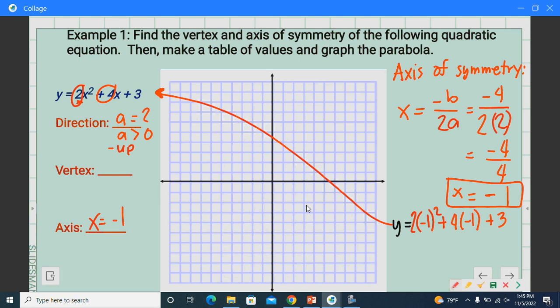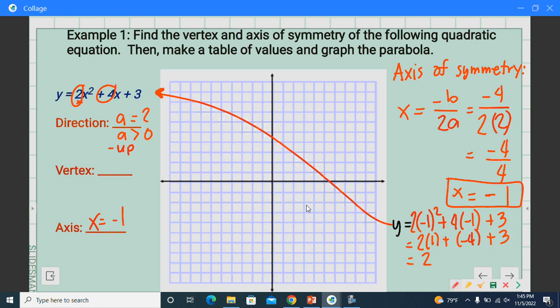Oh, sorry. 4 times negative 1 is negative 4, so we have 2 times 1 is 2. Positive times negative is negative, and plus 3.